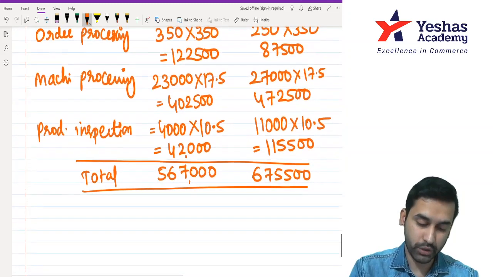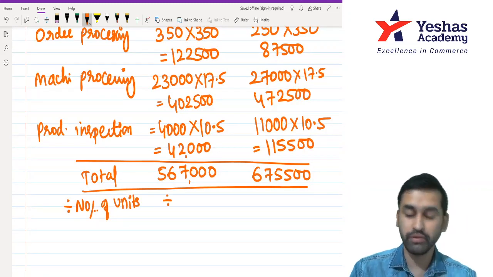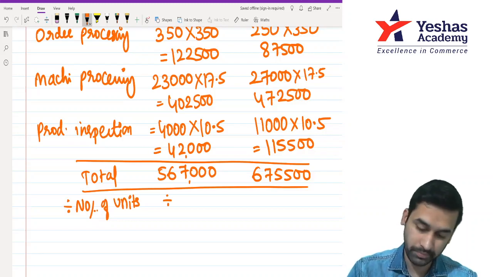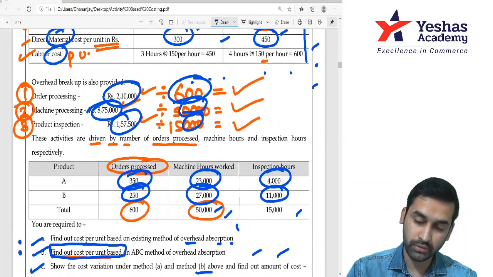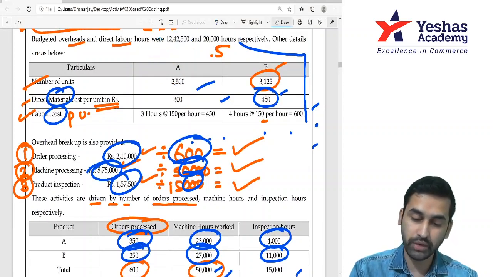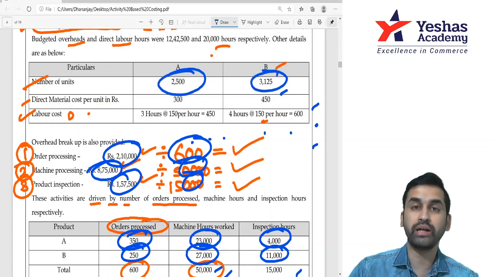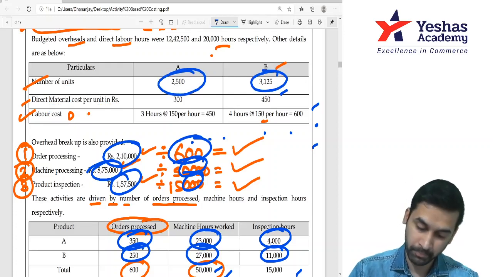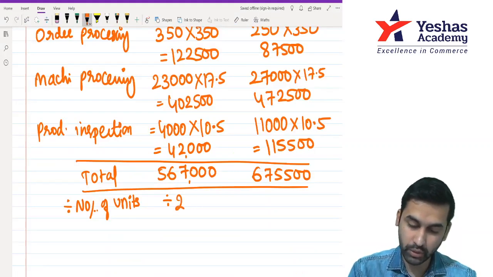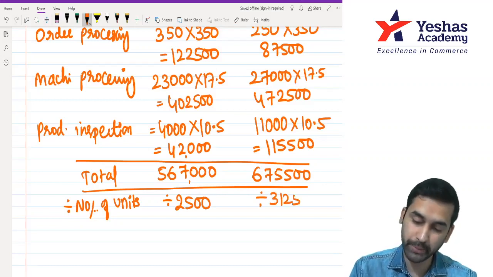This should be divided by the number of units because I want overhead cost per unit. Where is the number of units? In the first table of the question, you have 2,500 for A, I am circling now, and 3,125 for B. So divide this by 2,500 and this by 3,125.